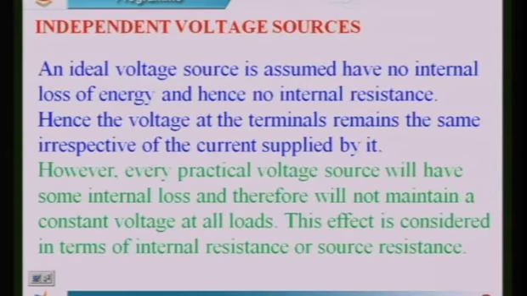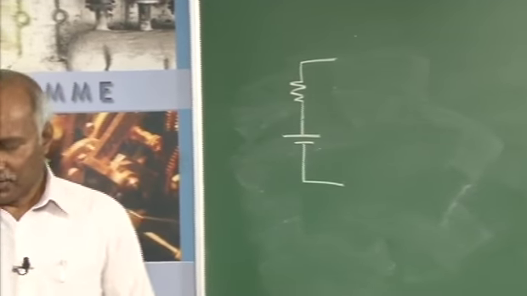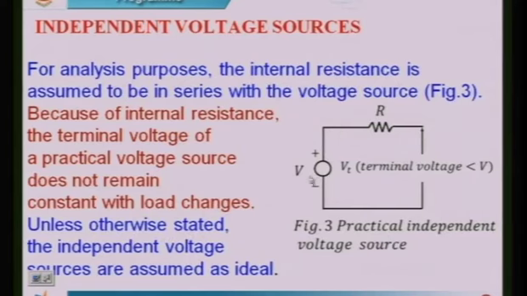Thus, this effect is generally considered in terms of an internal resistance or source resistance. In that respect, the source resistance is indicated to be in series with the voltage source. That is what you can see here now. This is the voltage source and this is the internal resistance. This voltage will always be less than this voltage because of a drop that takes place here.